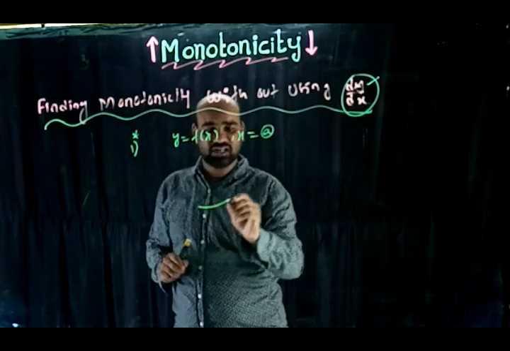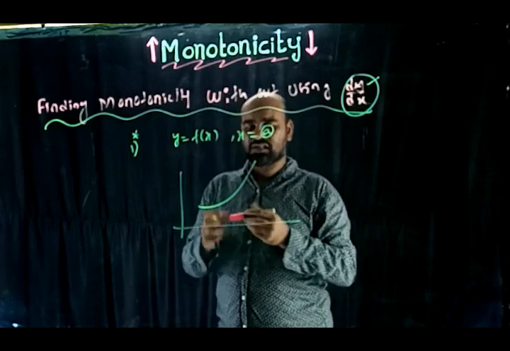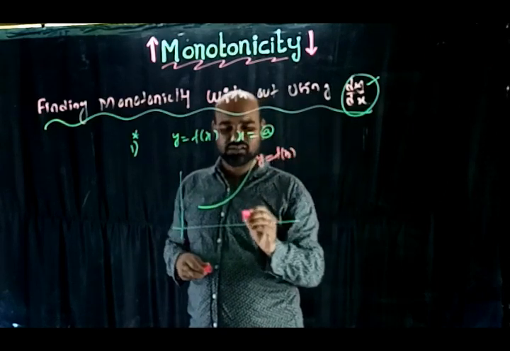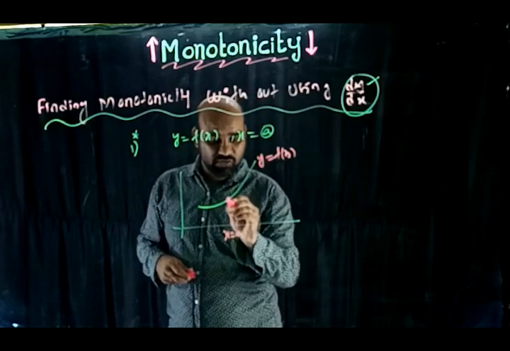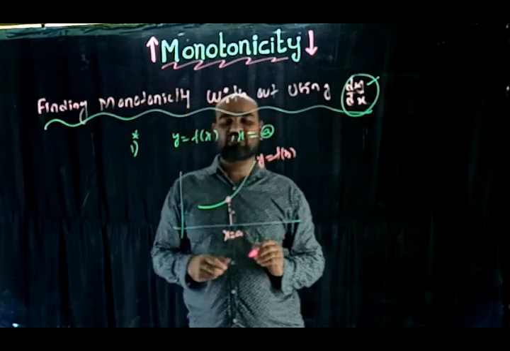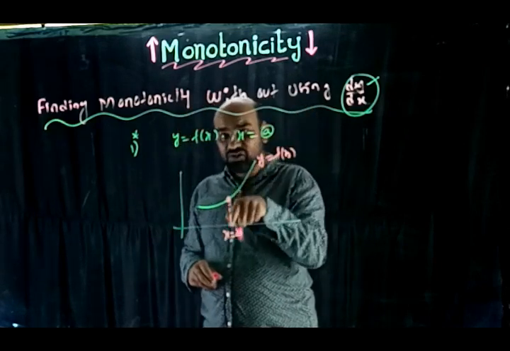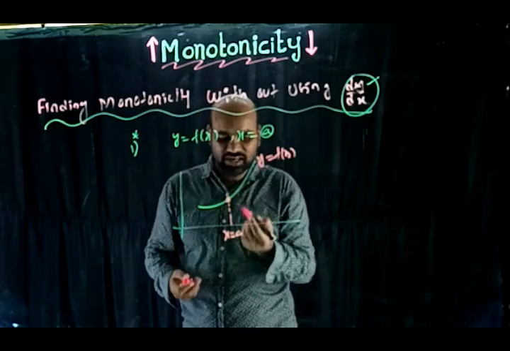For example, this is the graph of y equal to f of x. Let this be x equal to a. At this point, we want to find the nature of the function, whether it is increasing or decreasing. By observing, we can say that the function is increasing at x equal to a.